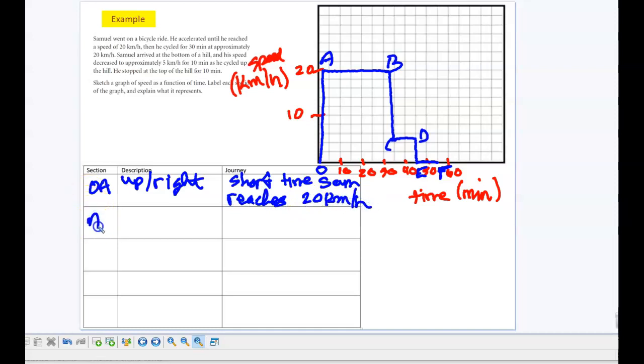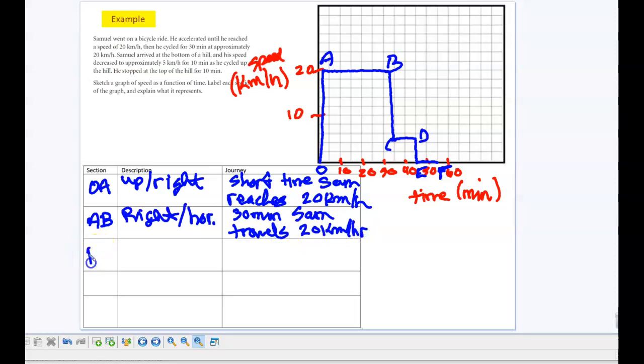And then from A to B, it is right and horizontal. So we could say for 30 minutes, Sam travels 20 kilometers per hour. From B to C, it's down and slightly to the right.